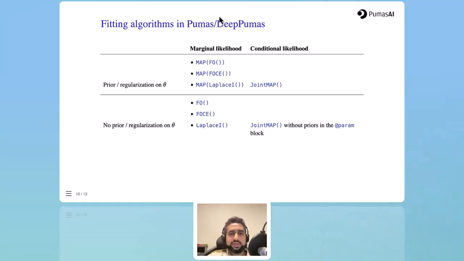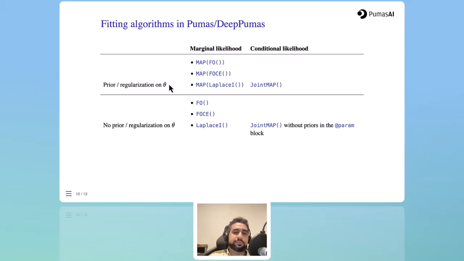So in Pumas, we have quite a few algorithms that can be used to fit nonlinear mixed effects models in general. These include things like FOCE and Laplace and FO. These are all specific algorithms for maximizing the marginal likelihood. Now, sometimes you have a prior distribution or regularization on the population level parameters.